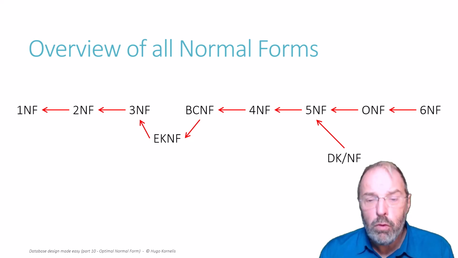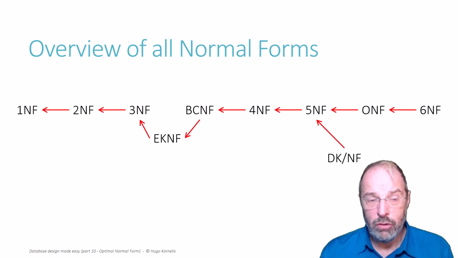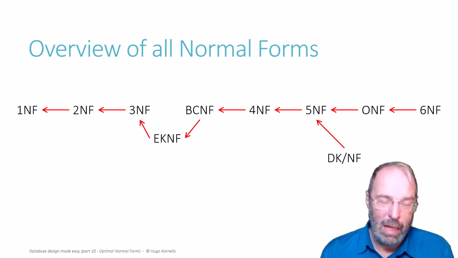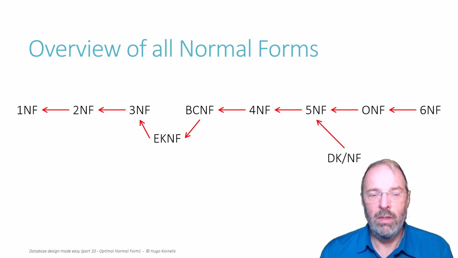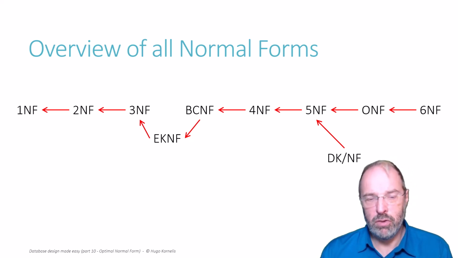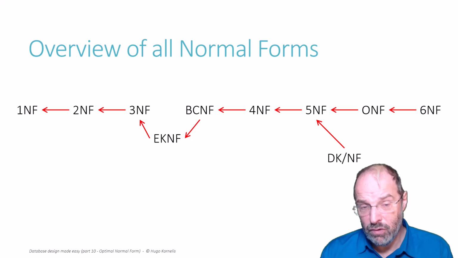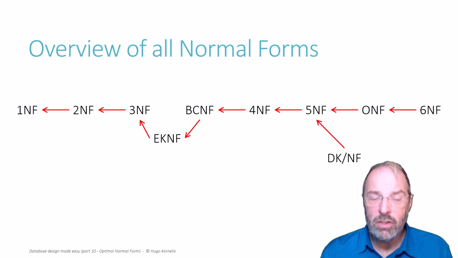So after all these videos, I would say definitely normalize until third normal form. You should absolutely do that. Then please also check for Boyce-Codd normal form, fourth normal form and fifth normal form. It shouldn't take much extra time because the situations where those normal forms can be violated are all quite rare.